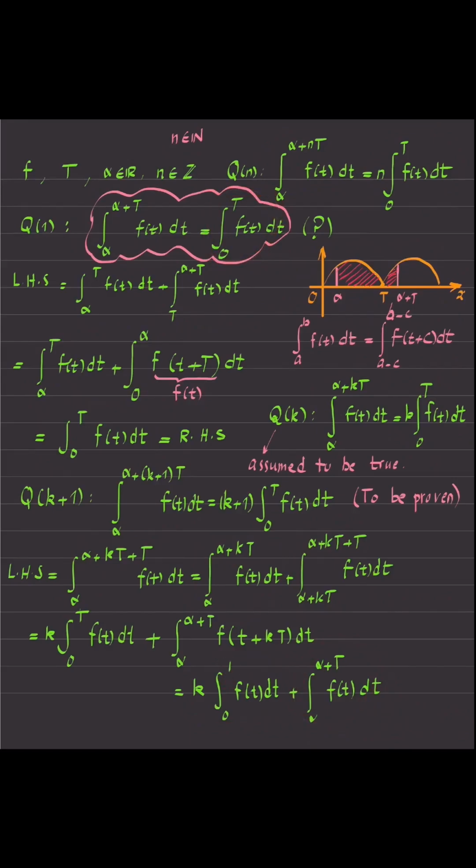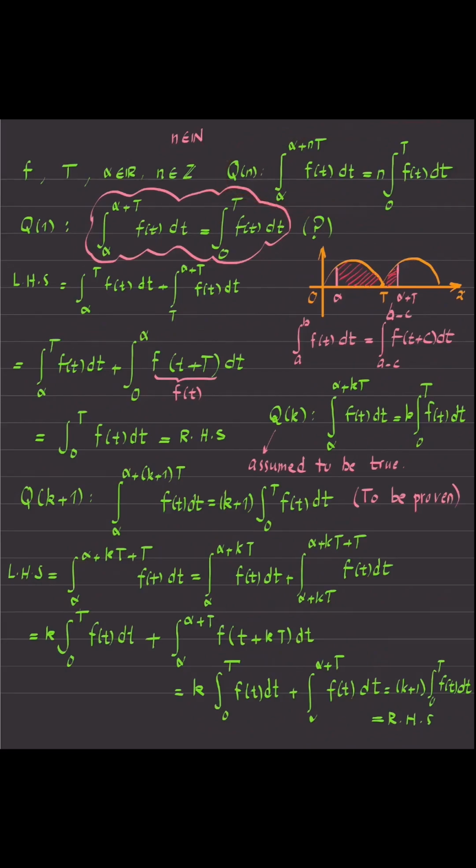That is also T. So then it becomes k plus 1 integral from 0 to T f of t dt, and that is exactly equal to the right hand side. So finally I was able to prove this claim for all natural numbers and of course 0.